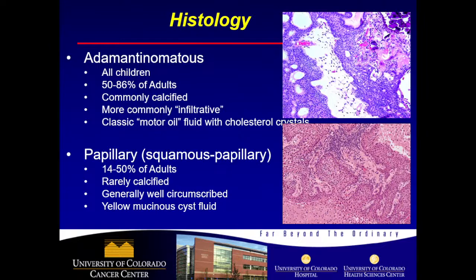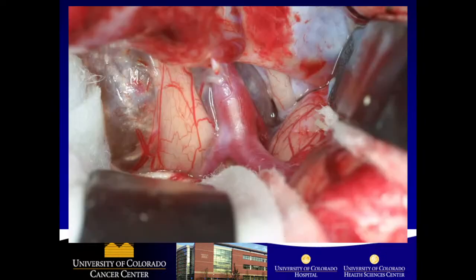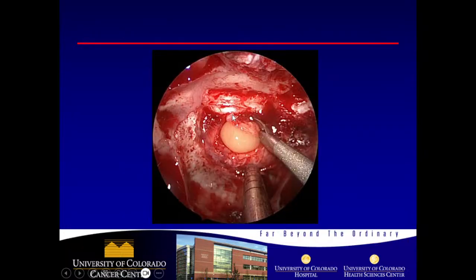You can see the third nerve on the right, the internal carotid, the right optic nerve, and this is a cyst of a craniopharyngioma pushing up from below. This is the wall, and you can almost see the cholesterol crystals in that cyst wall. This is an endoscopic view of a papillary craniopharyngioma, filled with this mucinous, yellowish material in general.